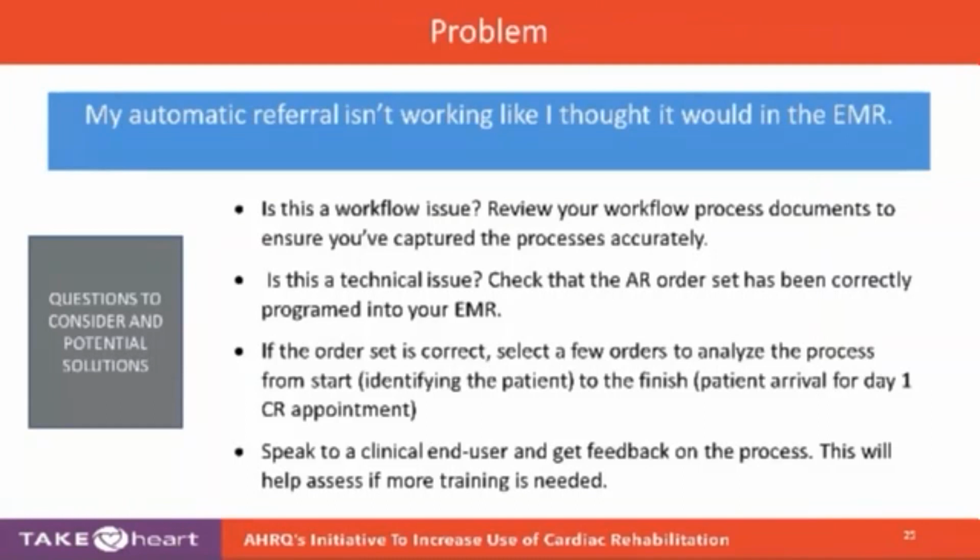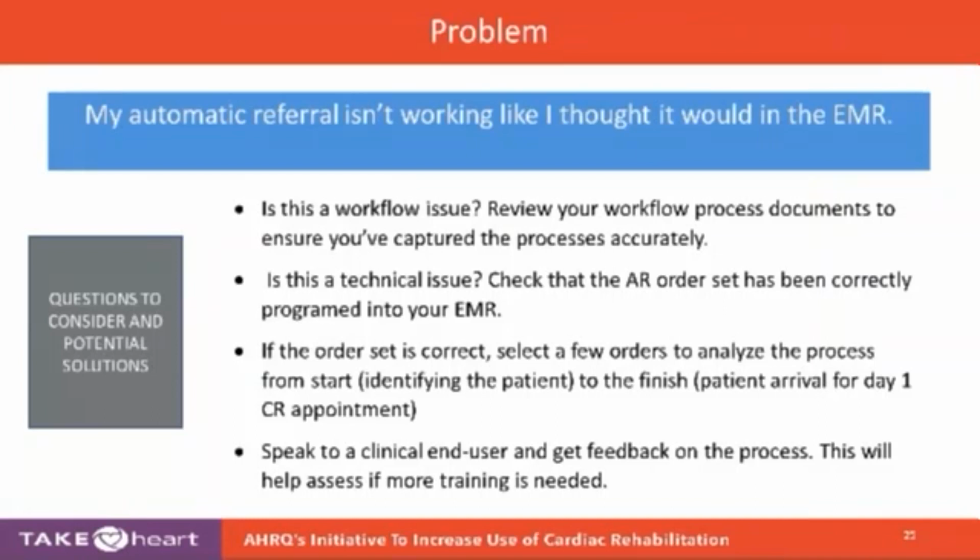Sure. So from a provider standpoint, I was heavily involved in implementing the automatic referral at my home institution. And so when this was launched, I made sure that I was around on the inpatient hospital side to see the providers putting in this referral, and then keeping a list of the patients who were recently discharged from cardiology, who would be appropriate for cardiac rehab, and then matching that list to the referrals that we would receive at our cardiac rehab program.